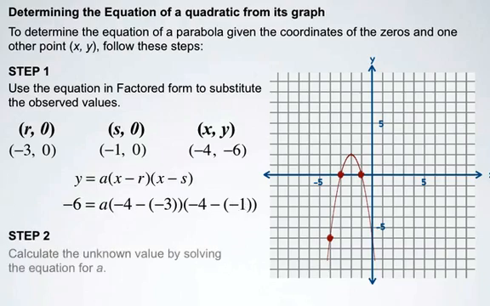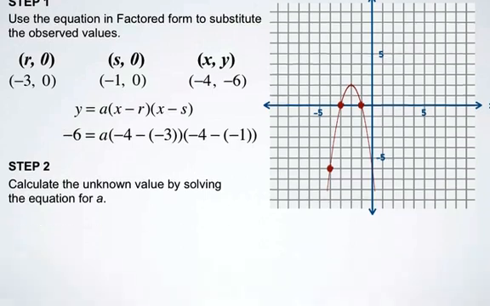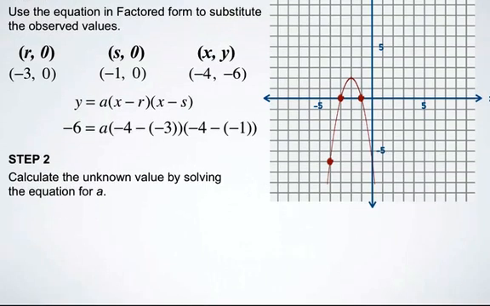Step 2. We're going to calculate the unknown value, a, by solving for the equation for a. So, -6 equals a times, in brackets, -4 plus 3, times, in brackets, -4 plus 1.